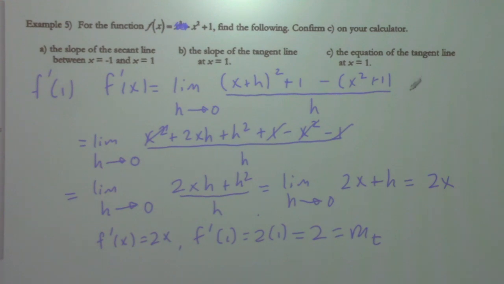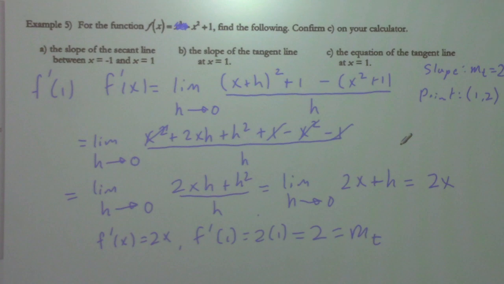Okay, so our slope is m sub t equals 2, right? And then our point is going to be 1 comma 2. Is that right, Gavin?